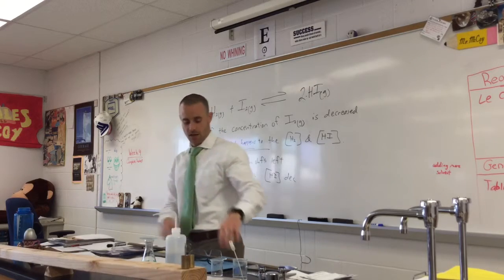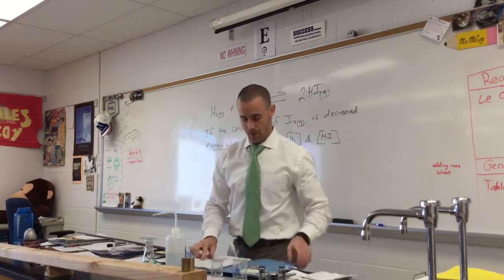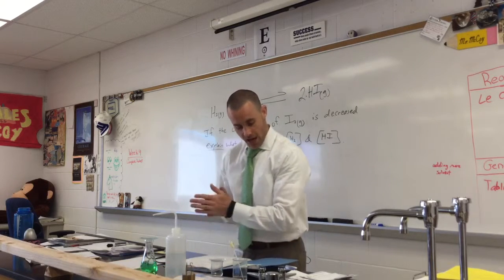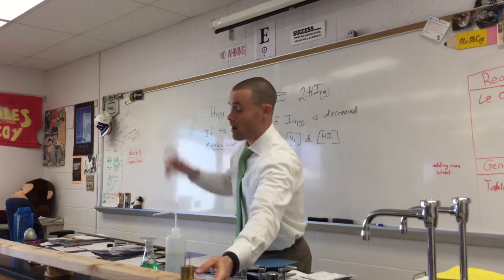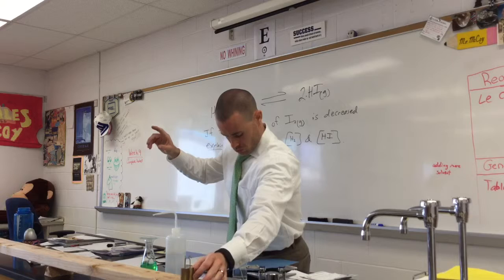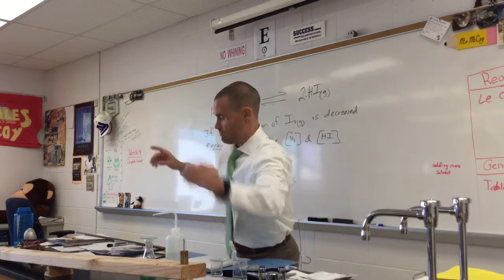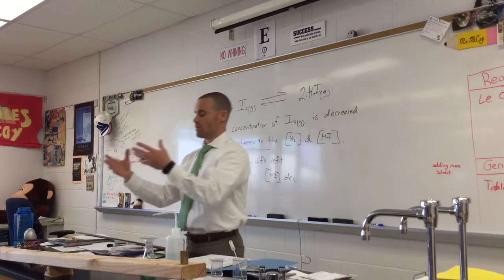That's a very simple example. I wrote it down. So now, if we take one of these from the product side and we put it on the reactant side, we disrupted equilibrium. We stressed it out.